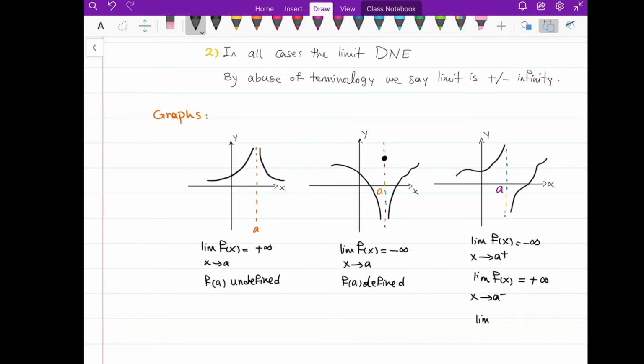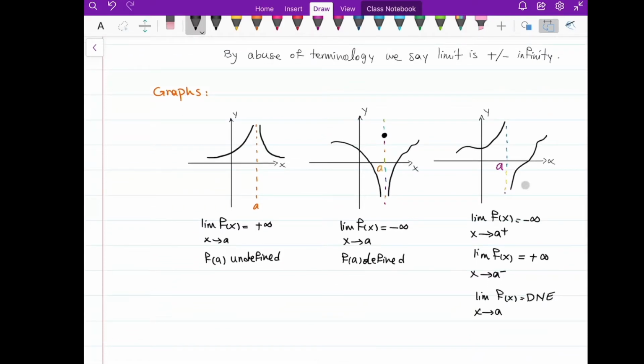Based on that, as I said, in all these situations the limit does not exist, but we can specify that it's positive infinity or negative infinity. That's good. But for this function, since the limits from the right and left are not equal to each other, we say that this limit does not exist.